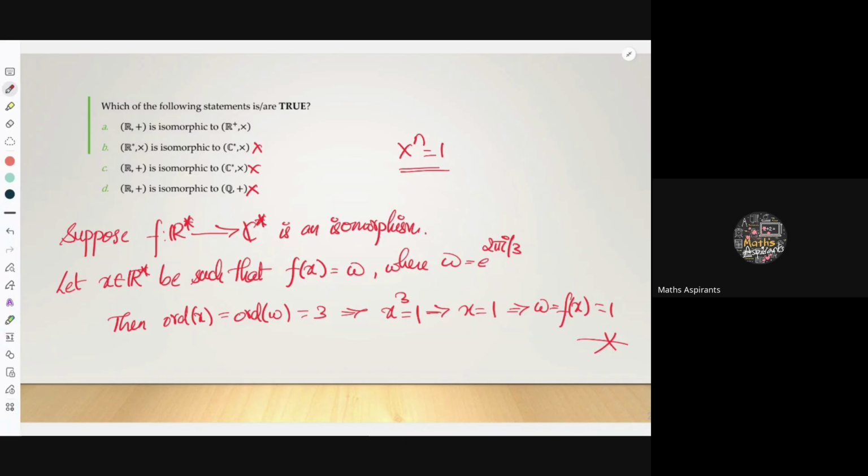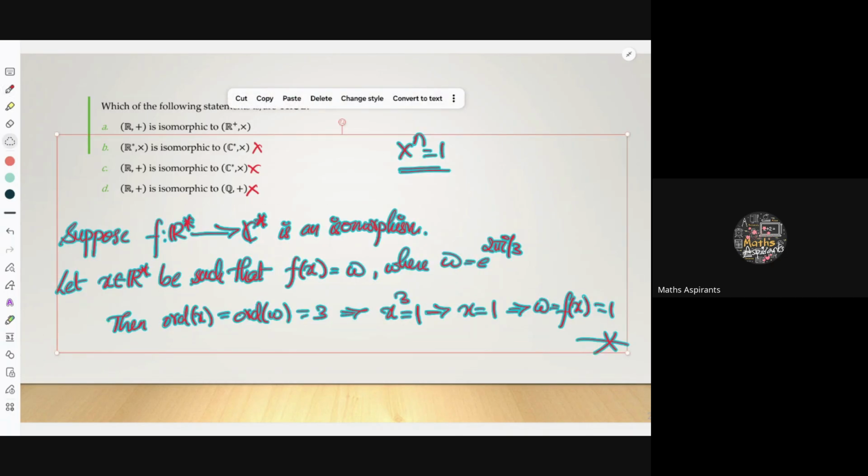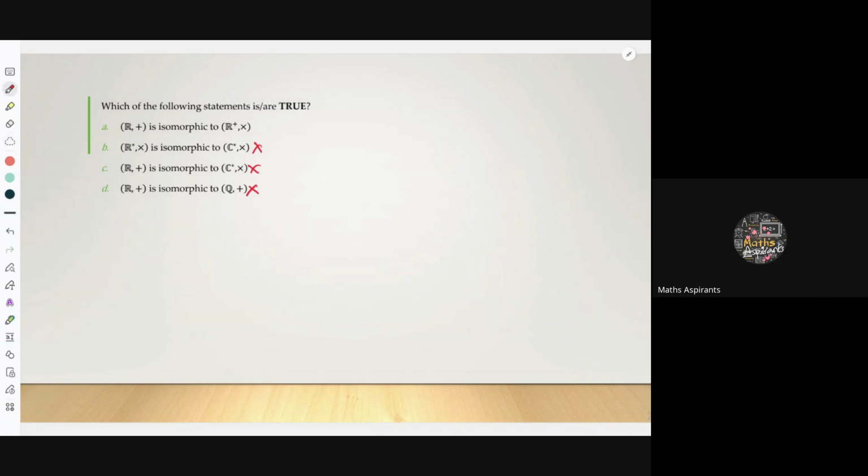Because C star will have, for any n, so this property of C star with respect to multiplication is that for all n in N, there exists an element in C star of order n.